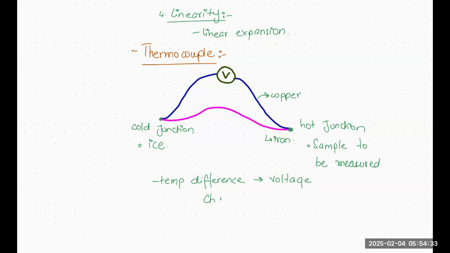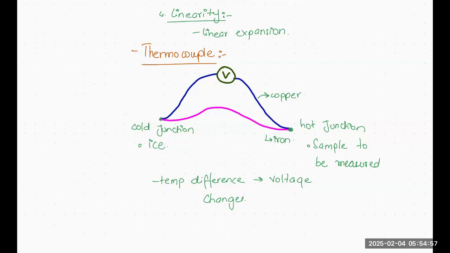But when we talk about the thermocouple, there are a few advantages and disadvantages of a thermocouple. I'm going to share a table with you that will make it a bit easy. But one of the major disadvantages of a thermocouple is that it gives you non-linear results, right?